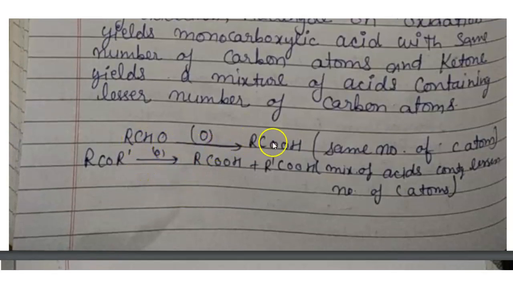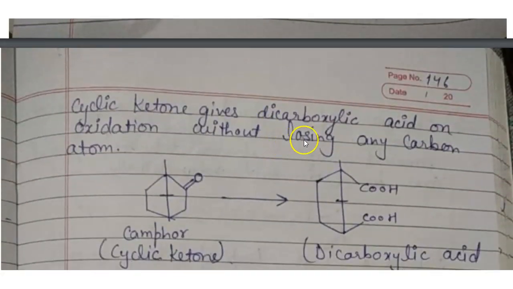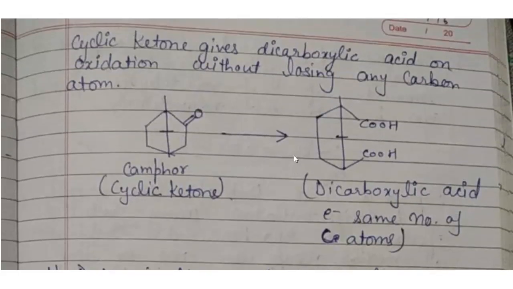RCHO, that is aldehyde, on oxidation forms carboxylic acid, and the other reaction is this. Cyclic ketone gives dicarboxylic acid on oxidation without losing any carbon atom. You can see here camphor, a cyclic ketone, forms dicarboxylic acid with the same number of carbon atoms.